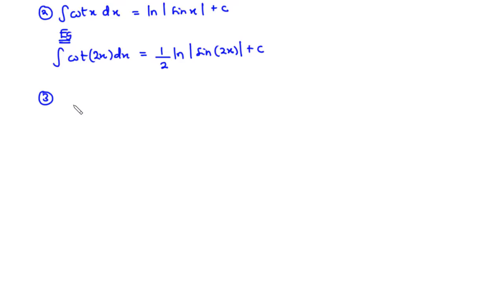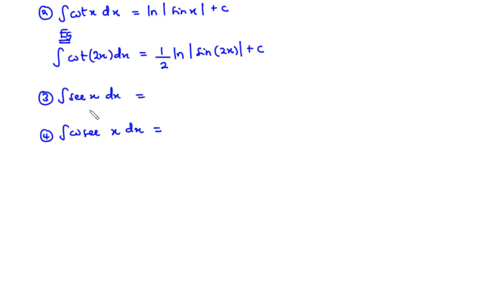Again, let's talk about the integral of sec x dx, as well as the integral of cosec x dx. Now for the last two, we are going to expatiate more on that in the subsequent lessons.